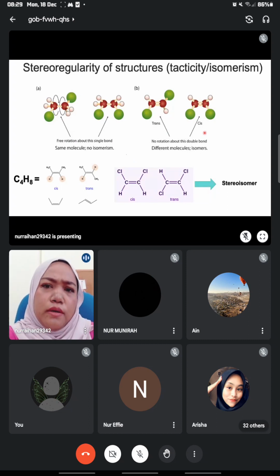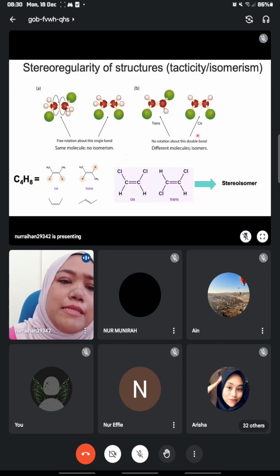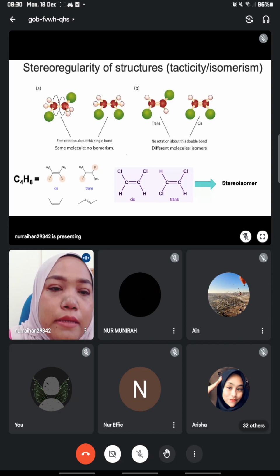Okay, so this is the example we see in the atoms or molecules of a polymer. Let's say in a polymer there is a single bond between the carbons, the red ones. When these two carbons are linked by a single bond, this polymer chain can rotate.